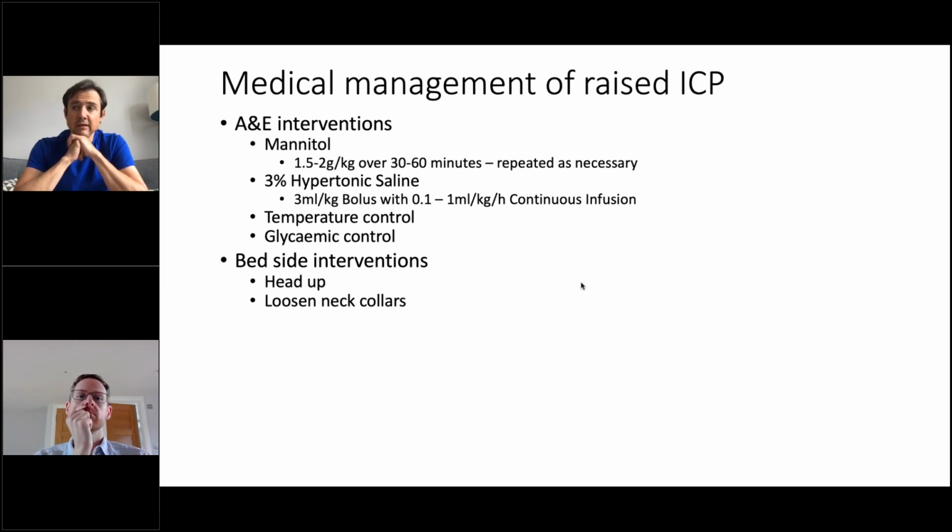I think it was an RTA or head injury, and we went to see the patient, and they had an anaesthetic tie that was impeding their neck, and all we did was undo the tie, or just loosen it, and his intracranial pressure came right down. So it was kind of a holy moment. But yeah, it's really something simple to consider, to make sure there's nothing obstructing the venous outflow from the neck.